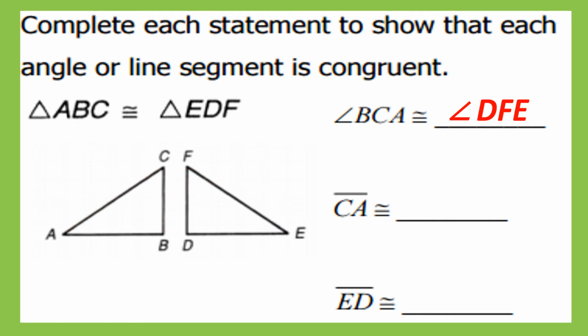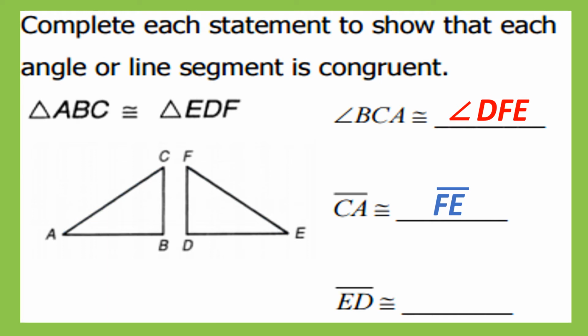Okay, so how about line segment CA? Now, where's CA? Oh, there it is. Okay, it's in blue. And again, we're looking for the corresponding congruent line segment to CA. Has to be in a certain order. So we're starting at the top and moving our way down. Well, that's easier. I believe that's going to be FE, line segment FE. Okay.